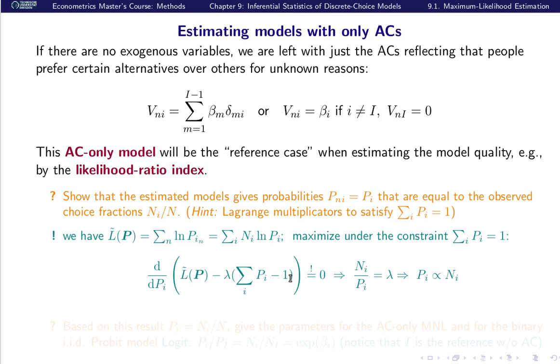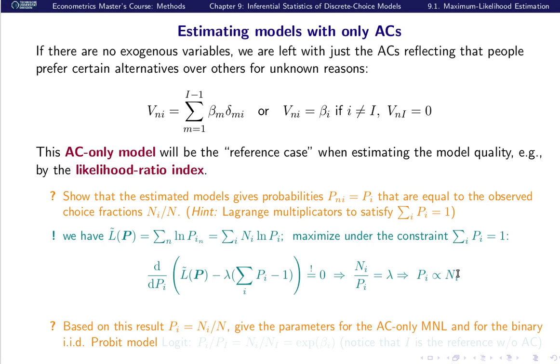That of course gives, for N logarithm p, just N divided by p, and for the restraint, taking the derivative is just the Lagrange multiplier itself. That means probability is proportional to the number of decisions taken, and because the sum of the probabilities is equal to 1, that means that the probability is the number of decisions for alternative i divided by the total number of decisions.